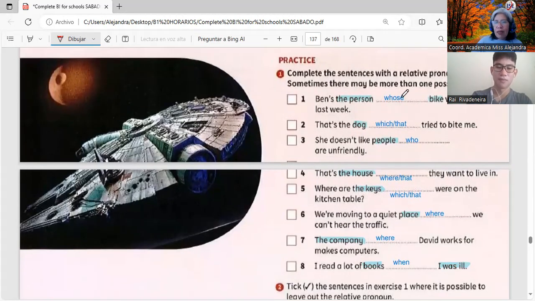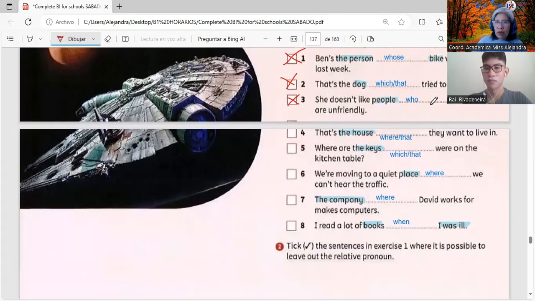Can I eliminate whose? No. That's the dog, tried to bite me. No. She doesn't like people who are unfriendly. No, I cannot eliminate the who.